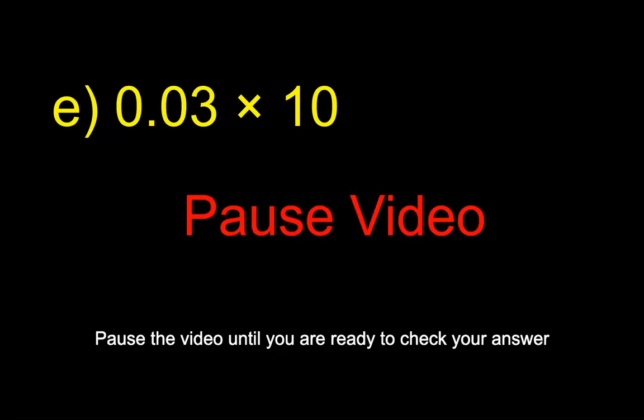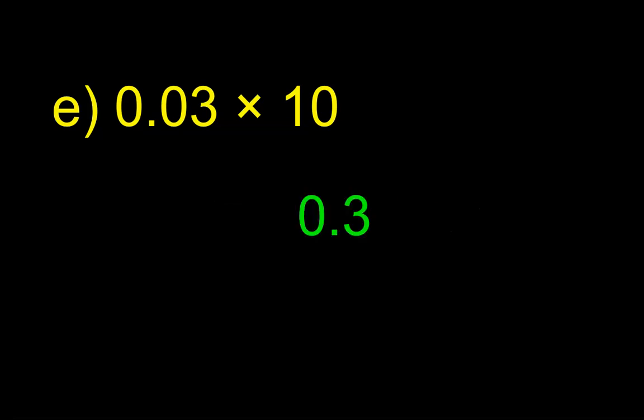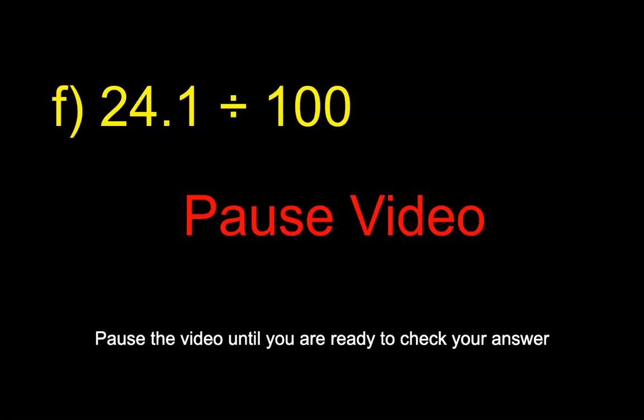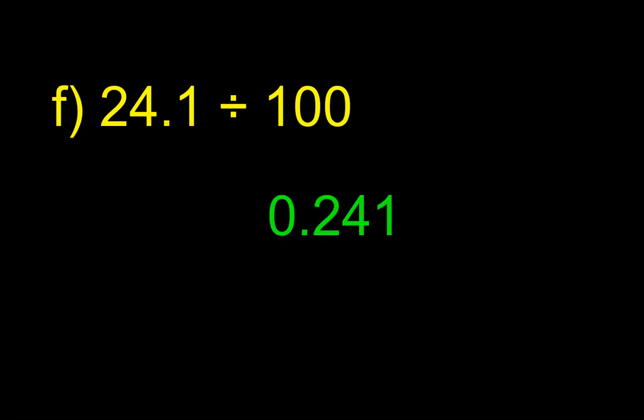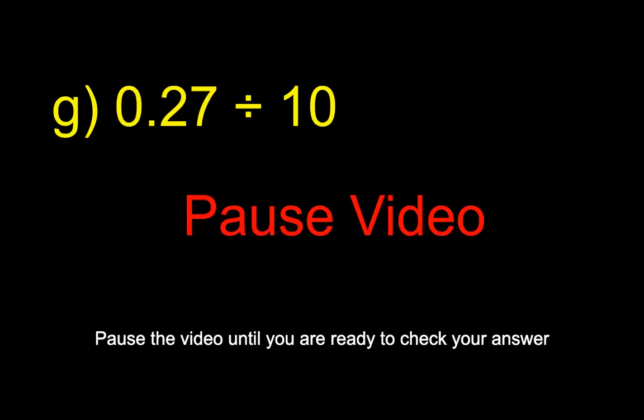0.03 times 10. Pause the video until you're ready. 0.3. 24.1 divided by 100. Pause the video until you're ready. 0.241. 0.27 divided by 10.